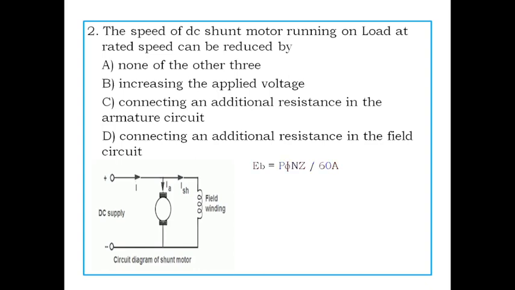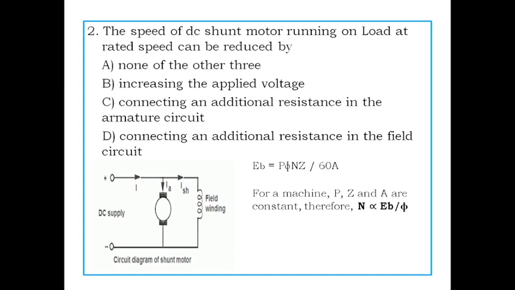Basically we have the back EMF induced in the shunt motor as Eb = φZNP by 60A. But here the poles, the parallel paths and the number of conductors, even that 60, are constant. So we can say that the back EMF depends on the speed and flux.